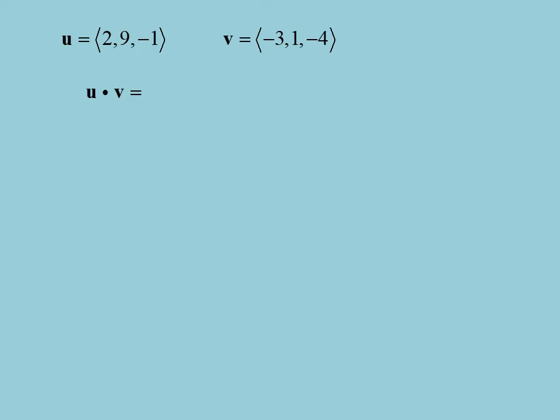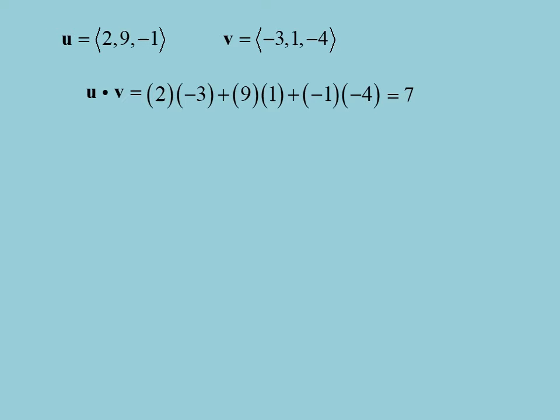Now, here are two three-dimensional vectors, u and v. The dot product of u and v, again, simply means multiply corresponding components and add. 2 times negative 3, 9 times 1, negative 1 times negative 4, all added together.